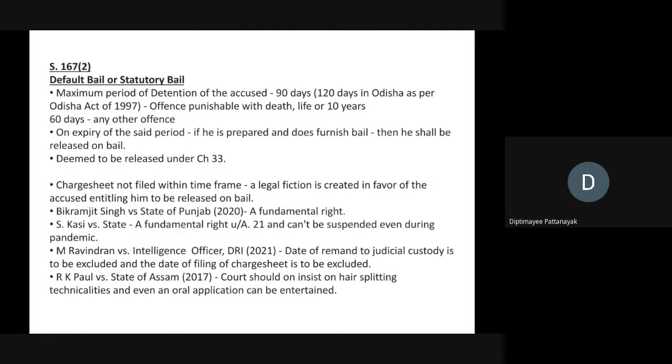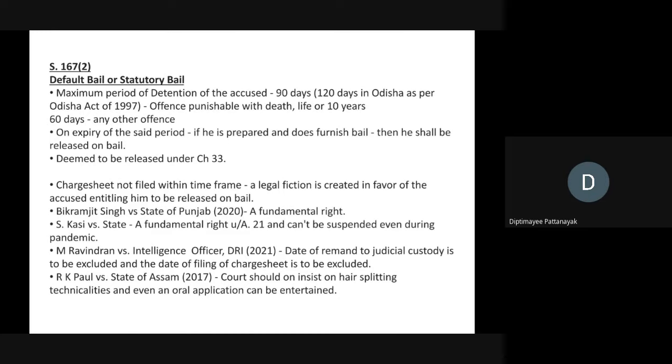The maximum period of detention of the accused before the charge sheet is filed is 90 days, which is increased to 120 days in Odisha as per the Odisha Act of 1997, for offences punishable with death, life or 10 years, and the maximum period is 60 days for any other offence. On expiry of the said period, if he is prepared to and does furnish bail, then he shall be released on bail.